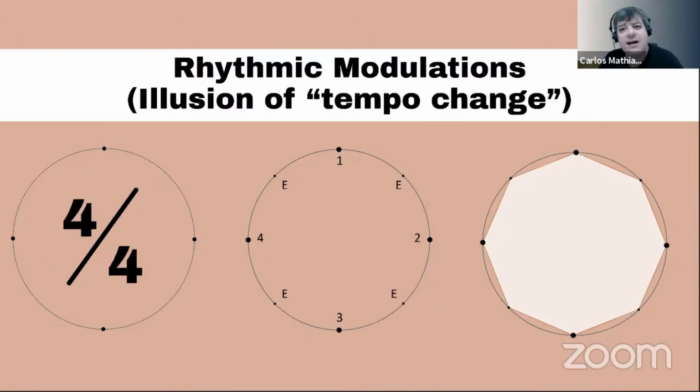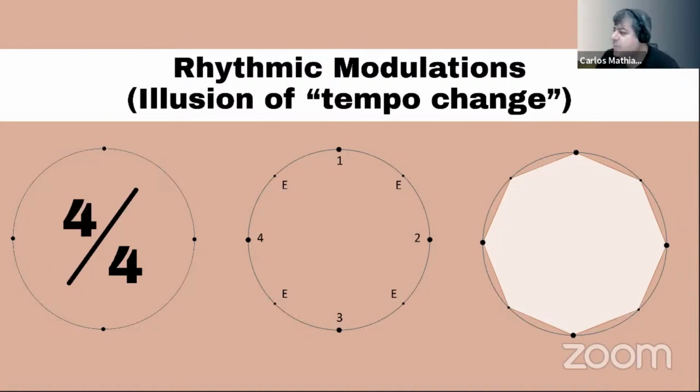The tempo has slowed down. So rhythmic modulation is some sort of manipulation of time subdivisions in such a way that you can build an impression that the tempo is changing, dragging or rushing.